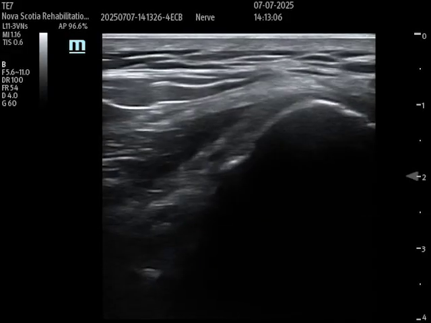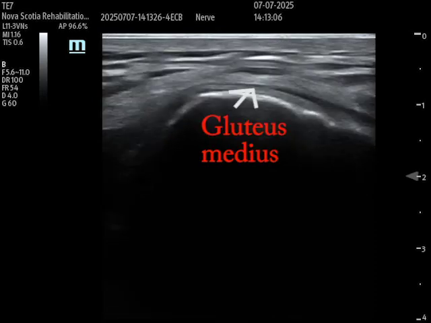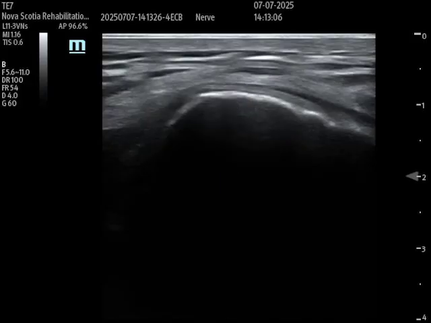So here we go, we're translating more posteriorly. Then we'll freeze there, and you can see the nice hyperechoic definition of the tendon of the gluteus medius that's inserting there. And again, this is really important to identify because overlying this will be that subgluteus maximus bursa, which we're trying to target with our injections.